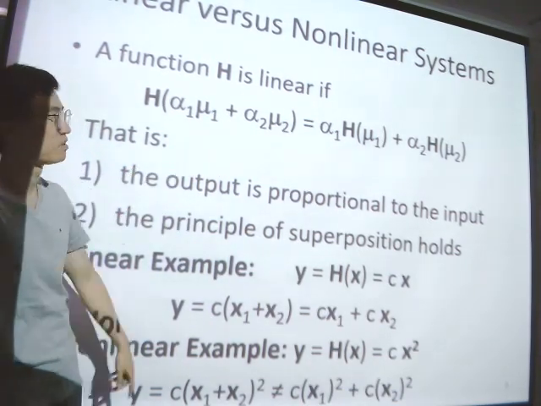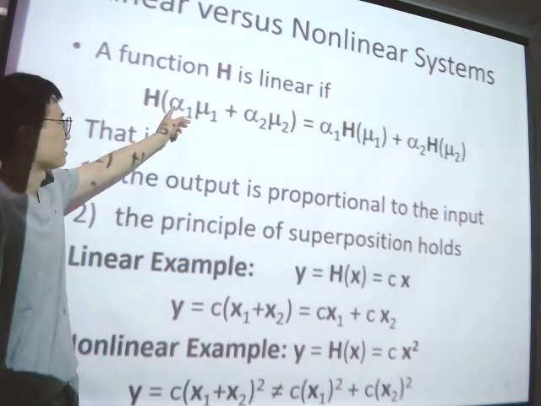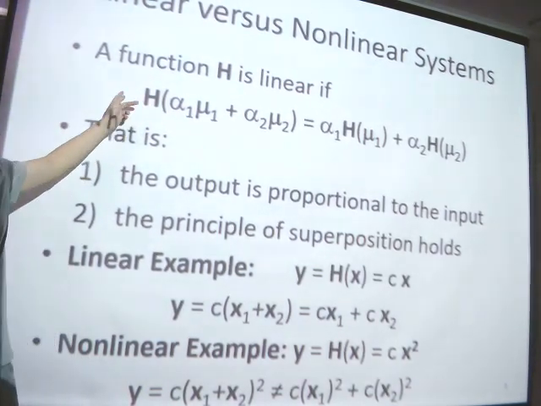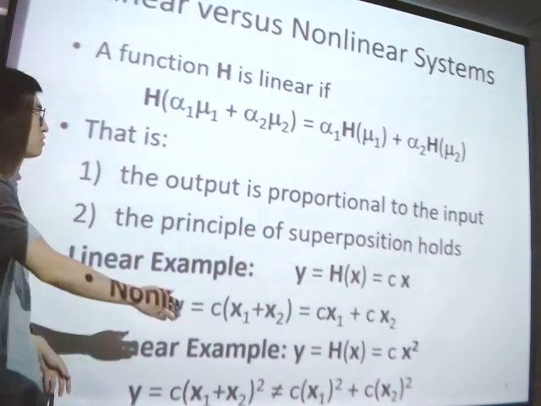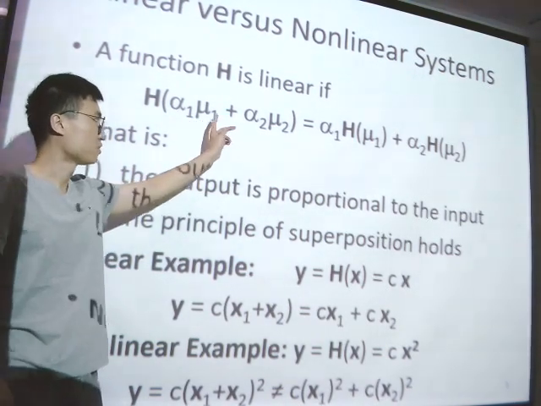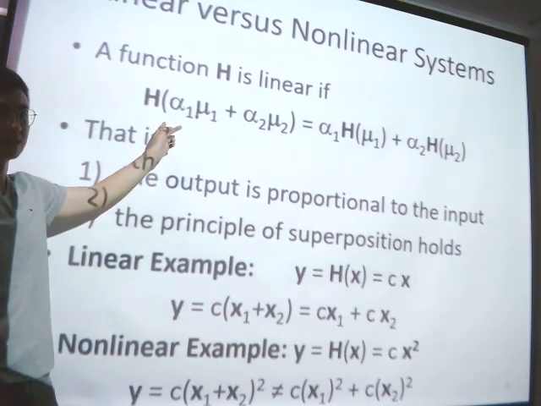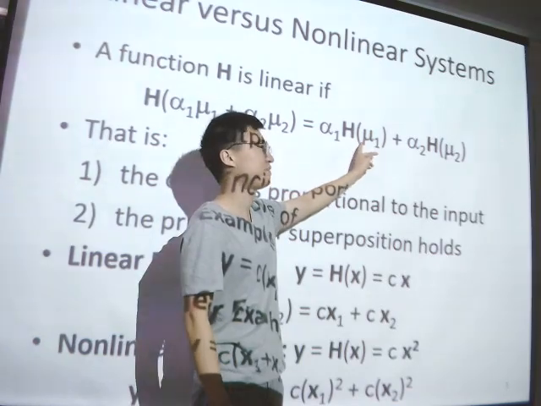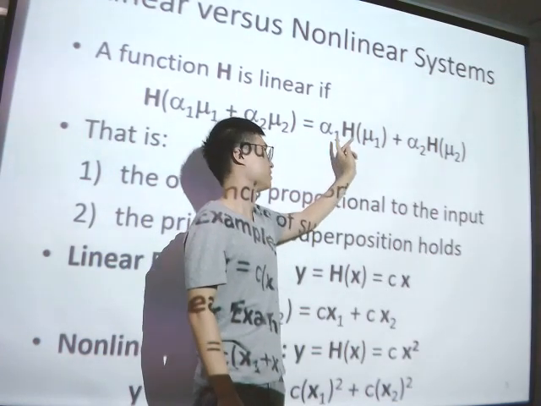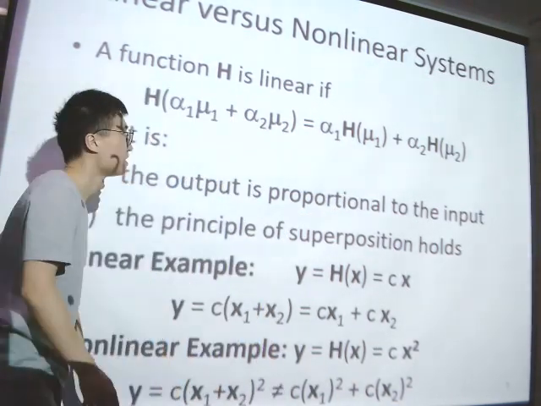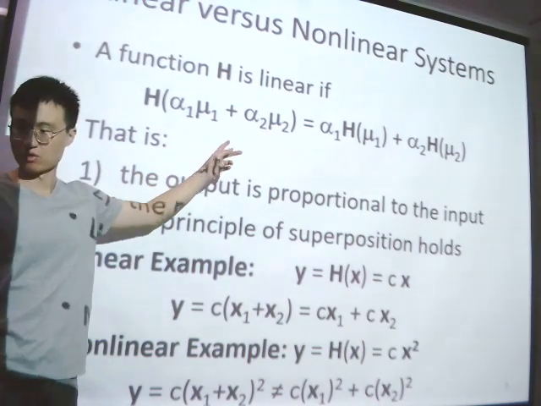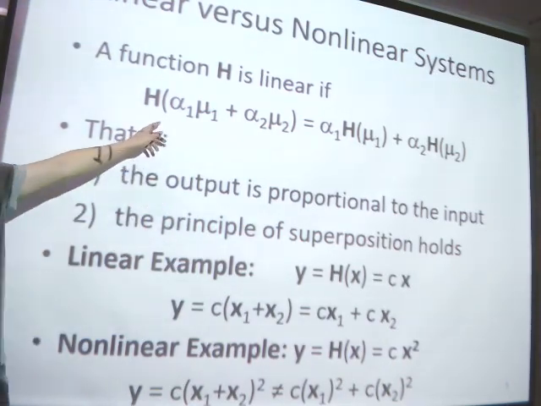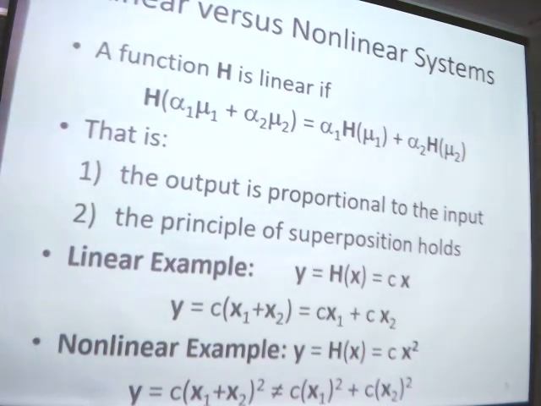The coefficients can be taken out of the function, and the function of the sum of the two inputs equals the sum of the functions of each input multiplied by its own coefficient. We call this a linear system, or linear functions.